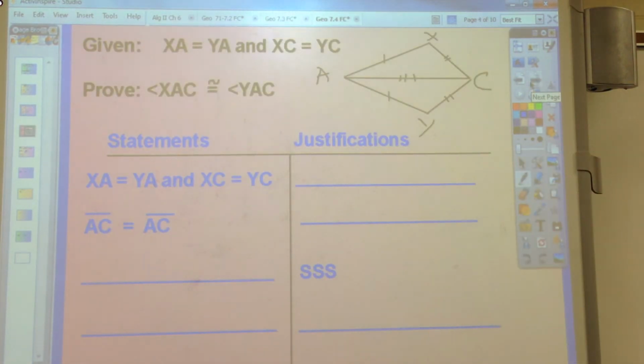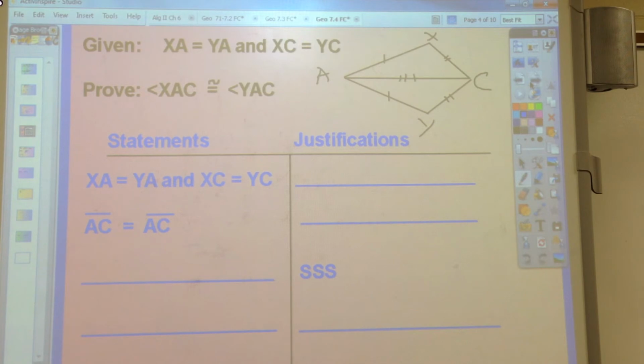All right, given XA equals YA and XC equals YC, we want to show again that angle XAC is congruent to angle YAC. I'd like you to pause the video and try it on your own. I've given you a grid, so I want to see if you can fill in the missing pieces.